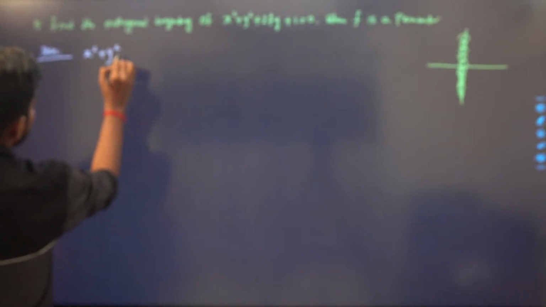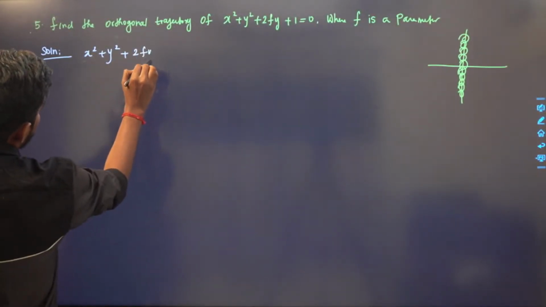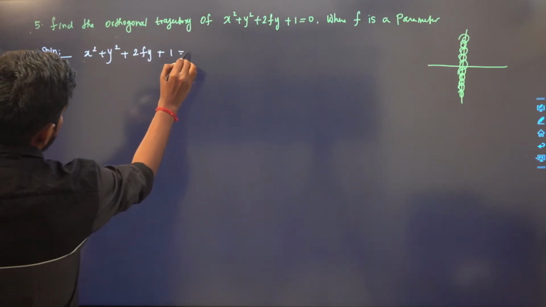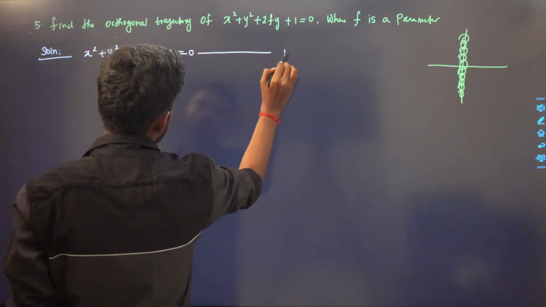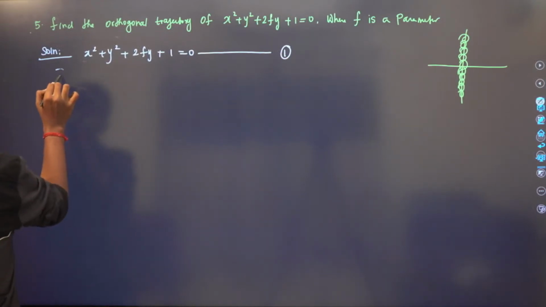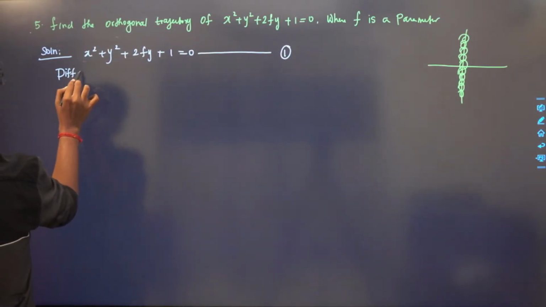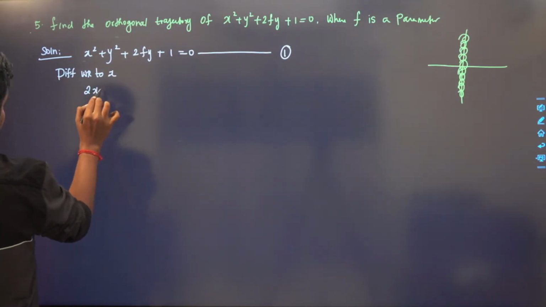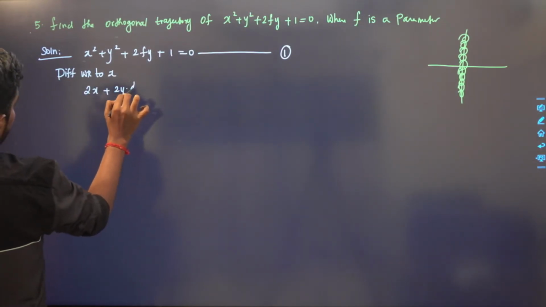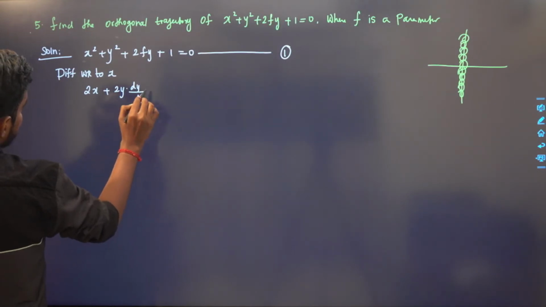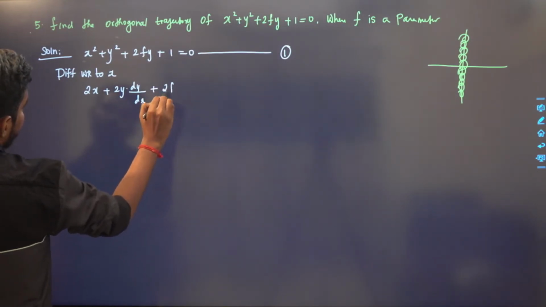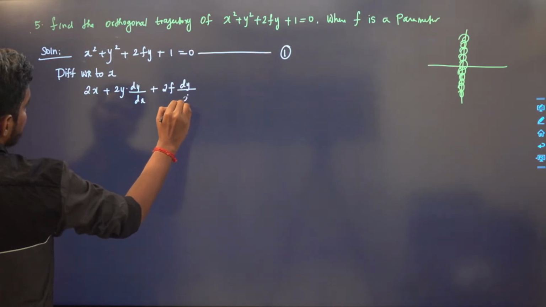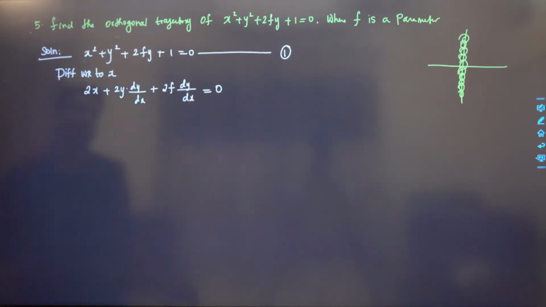Solution. So we have x square plus y square plus 2fy plus 1 is equal to 0, right? Call this equation number 1. Differentiate with respect to x. So you will have 2x plus 2y dy by dx plus 2f dy by dx is equal to 0, right?